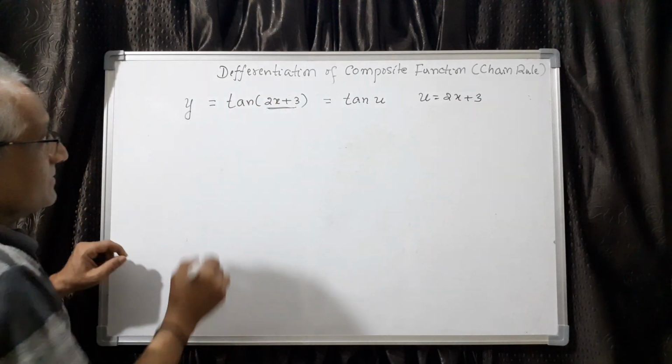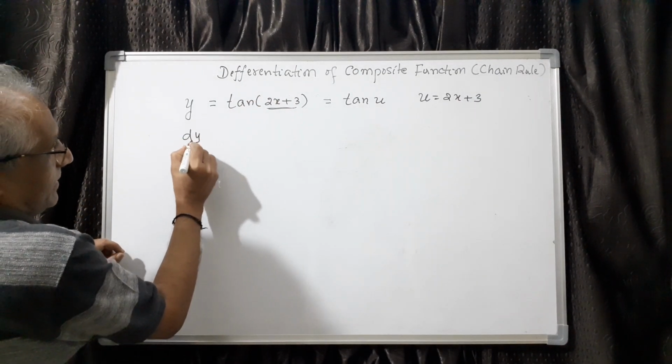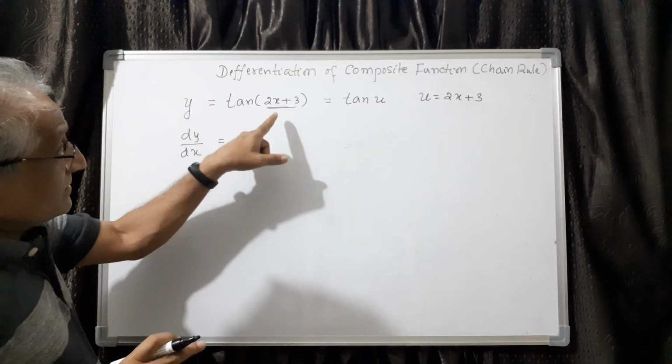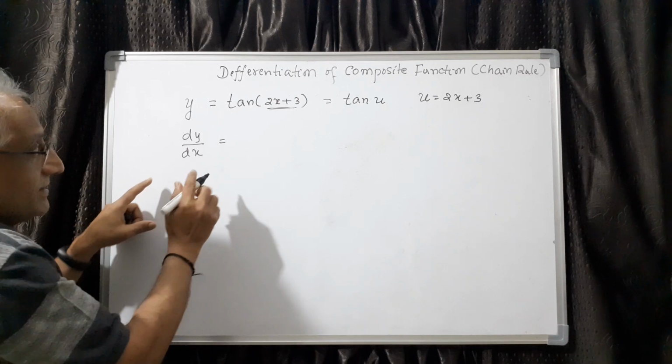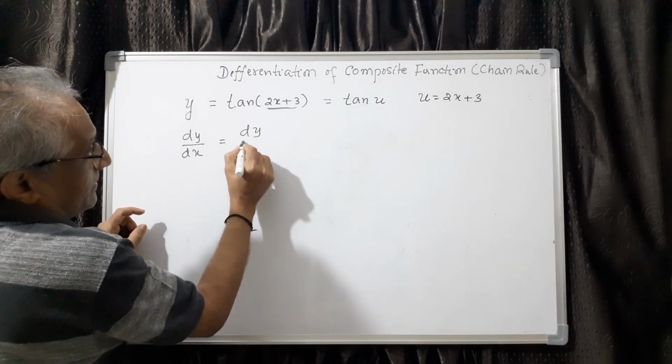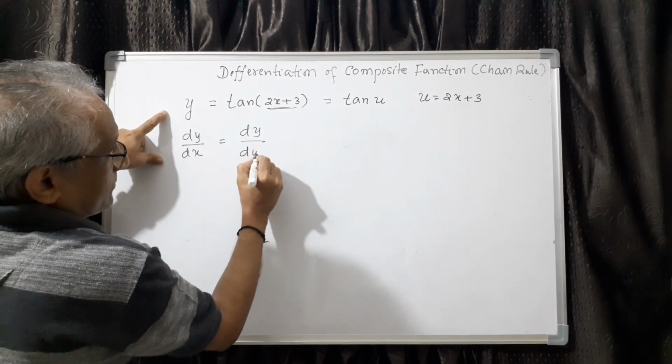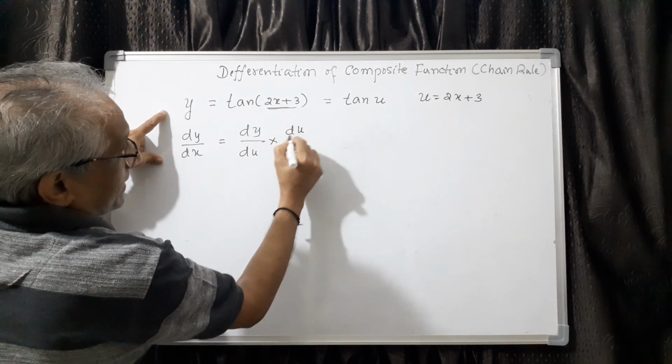Now for the chain rule you have to write dy by dx equal to, because y is a function of x ultimately, dy by dx equal to dy by du, since y is written in terms of u, into du by dx.